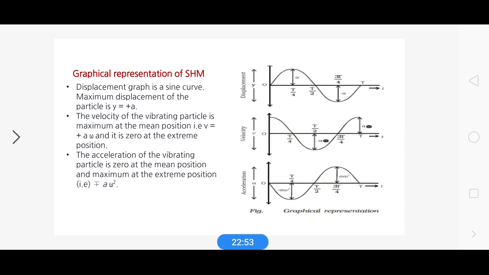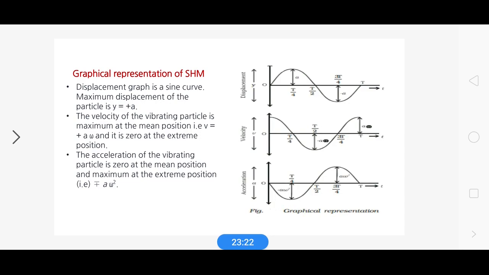So these are at 0, T by 4, T by 2, 3T by 4 and T. So these are the values of displacement, velocity and acceleration of the vibrating particle executing SHM. These are all sine curves, but the values are different at different positions, means at the mean position and at the extreme position.